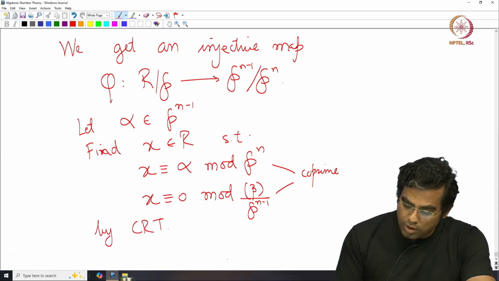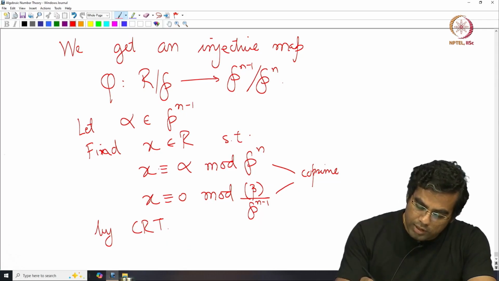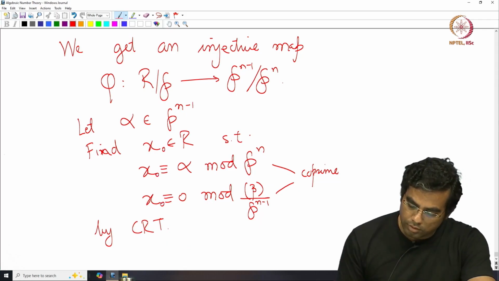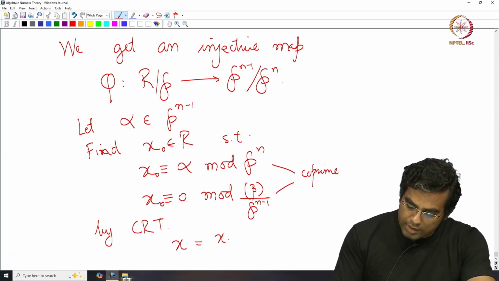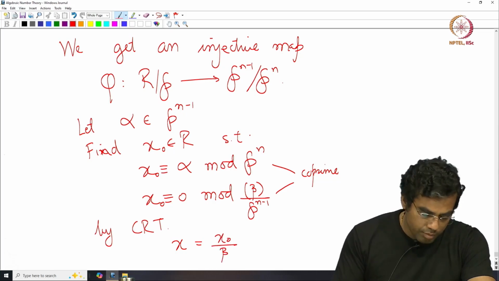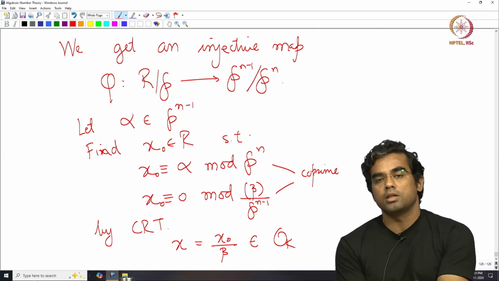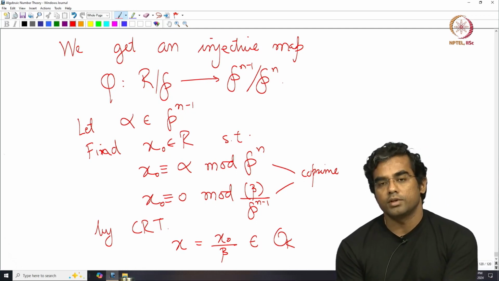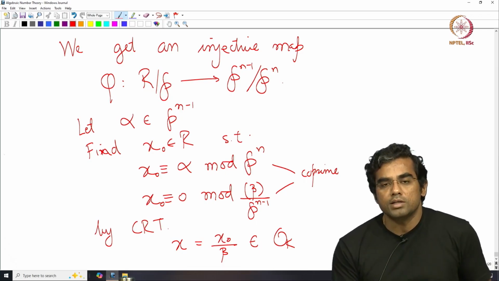Once you have found such an x, let me call this x_0. Once you have found such an x_0, you can put x to be x_0 by beta. And then the claim is that this is actually in the ring of integers of the number field K. And why is that? Well, you look at the prime factorization of x.